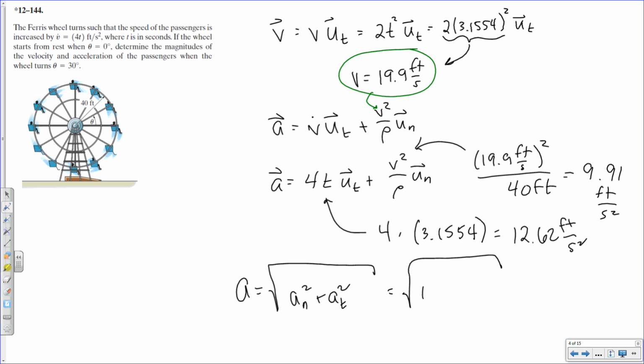So this is 12.62 squared plus 9.91 squared, and the magnitude of your acceleration turns out to be 16 feet per second squared. That's the second answer. We're looking for the magnitude of the velocity and the magnitude of the acceleration.